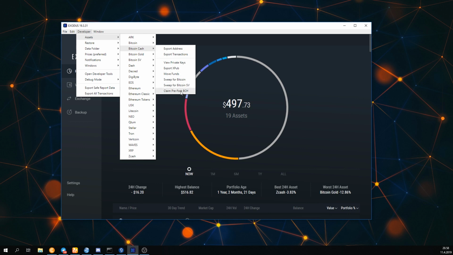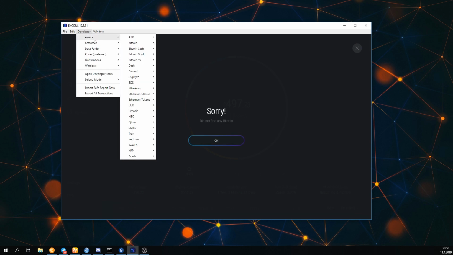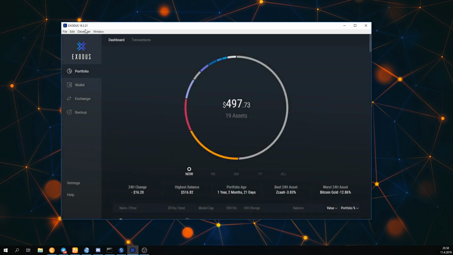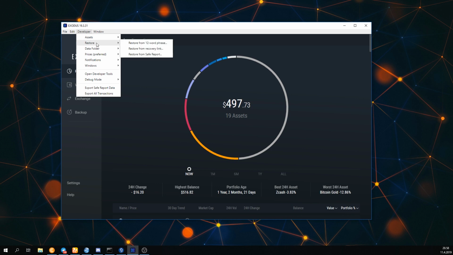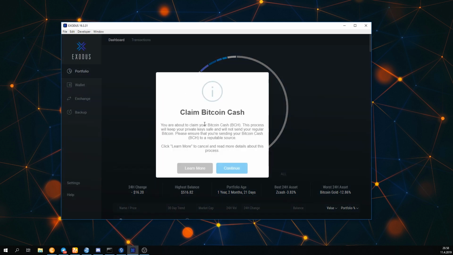There's also a sweep for Bitcoin. Didn't find anything there. Let's go for a sweep for Bitcoin SV. Okay, there's nothing there. I actually did that already in this wallet, so you don't see it, but it did own some Bitcoin Cash, so I was able to claim pre-fork Bitcoin Cash.